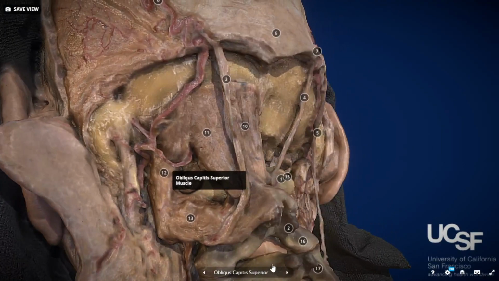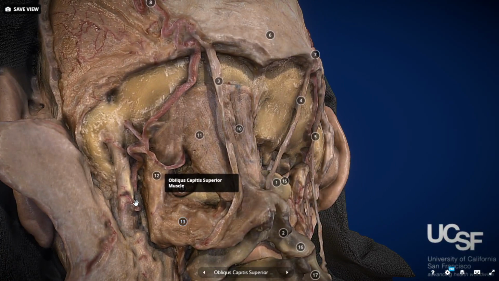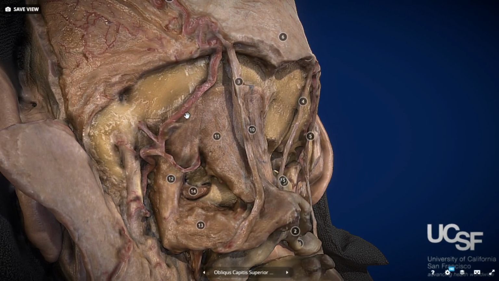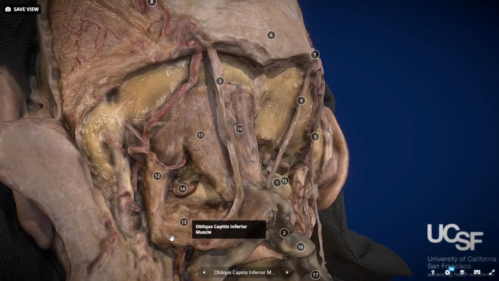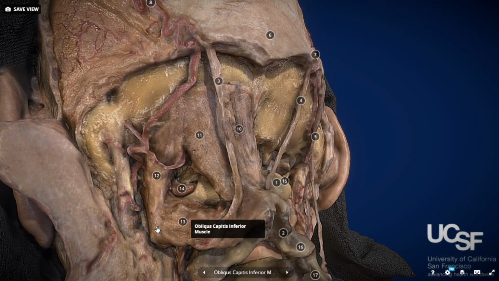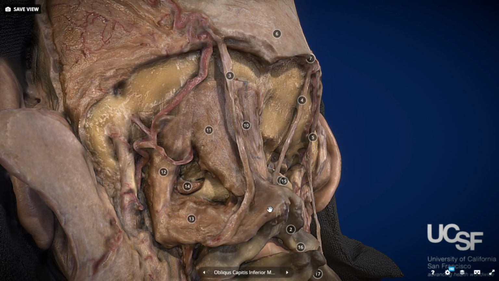If we move laterally, we see the obliquus capitis superior muscle, which attaches to the most lateral portion of the inferior nuchal line and has an inferior attachment on the lateral mass of C1. Inferiorly, you can identify the obliquus capitis inferior, which attaches superiorly and anteriorly on the lateral mass of C1 and posteriorly on the spinous process of C2.